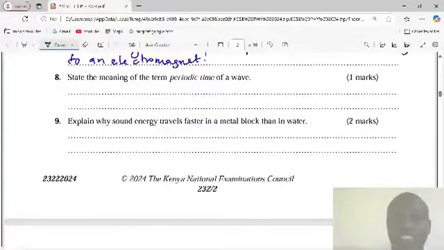Number 8, state the meaning of the term periodic time of a wave.